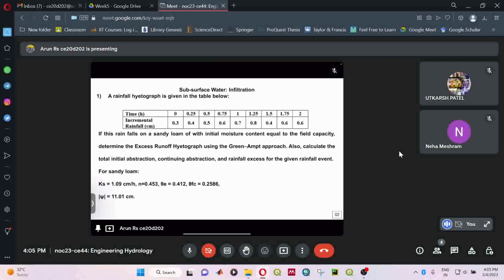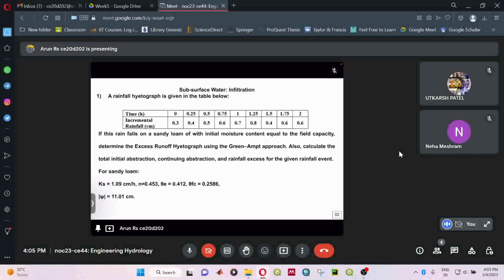This is the first question, which is related to the Green-Ampt infiltration equation. Here a rainfall hydrograph is given. You have a variable rainfall happening for every time interval, and the table gives the incremental rainfall.